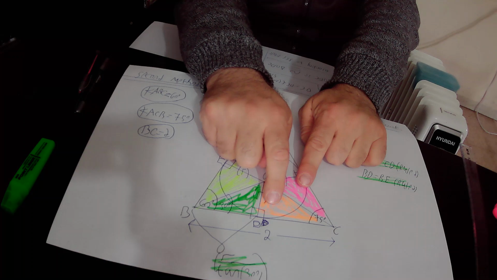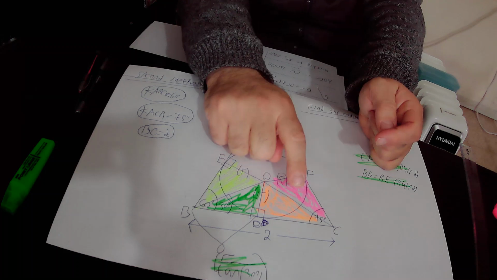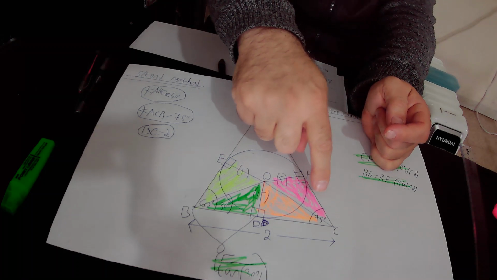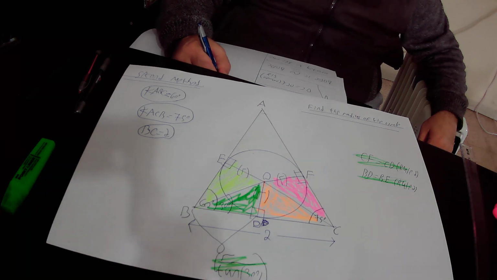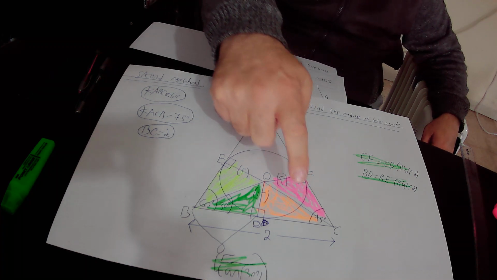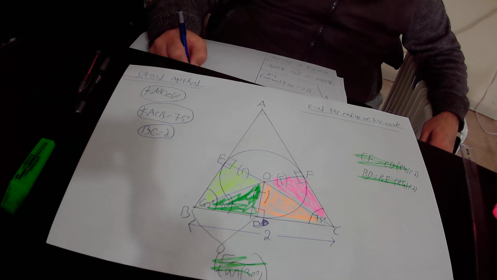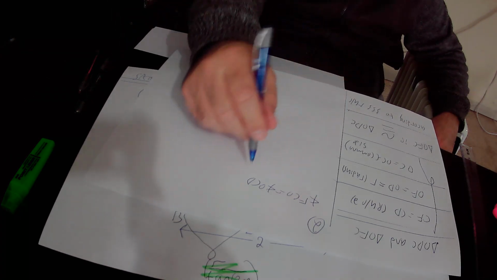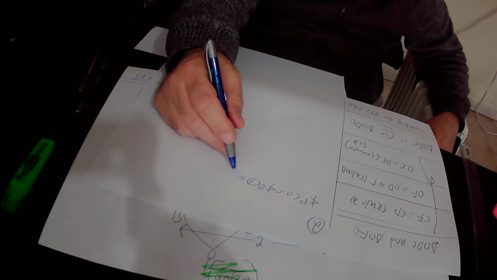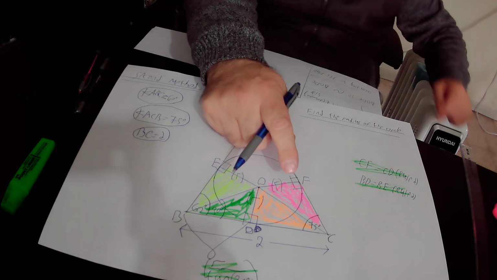So this is angle FCO in the pink triangle, and it is equal to this angle OCD in the orange triangle. So if we define one angle as alpha, then the other angle must also equal alpha, because those two angles are equal to each other.